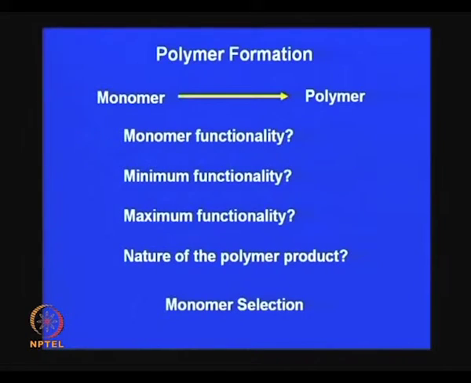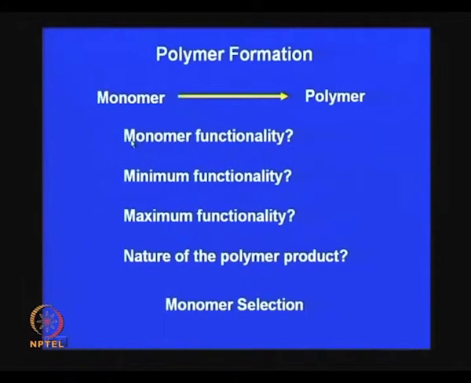Now, here in this slide you see a monomer in general needs to be converted to a polymer. This is a small molecule, this is a macromolecule. In order to convert this monomer to polymer, there are certain requirements.